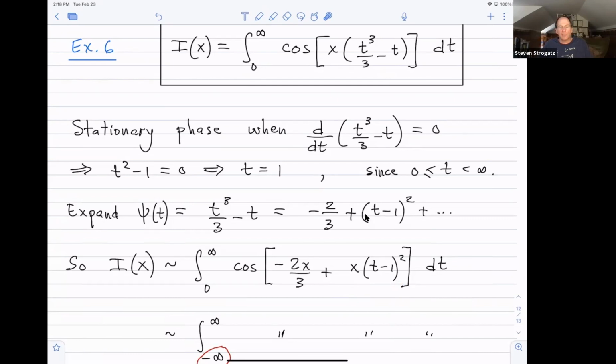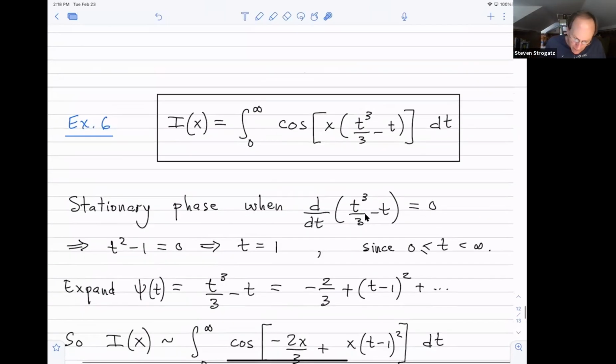Maybe even in the next lecture, we'll get a contribution from two different points, and one of them will turn out to dominate the other. In this problem, if I had done the integral from negative infinity to infinity, then I would get a contribution from both points of stationary phase, and I think they would contribute the same amount.